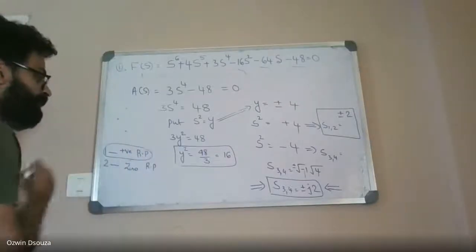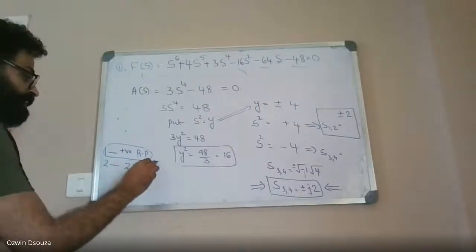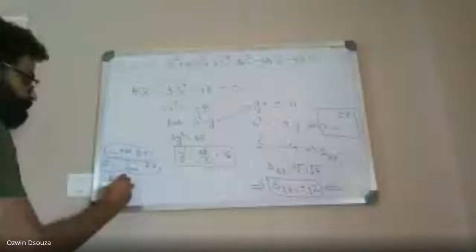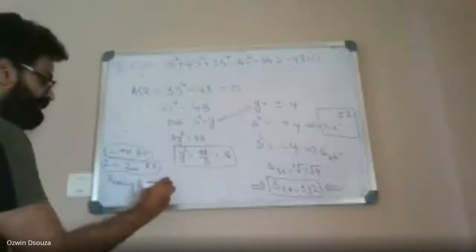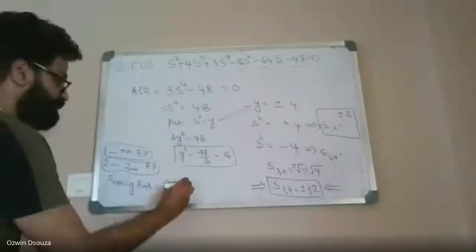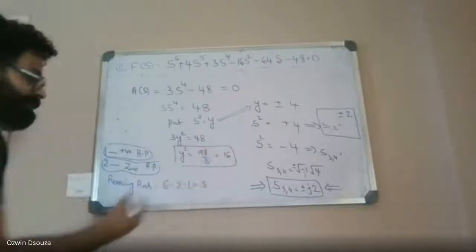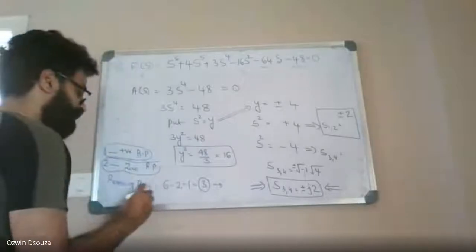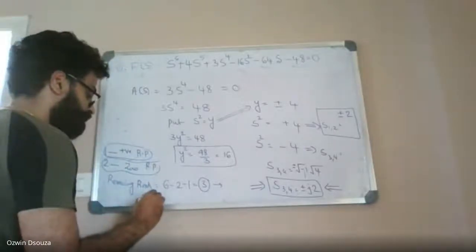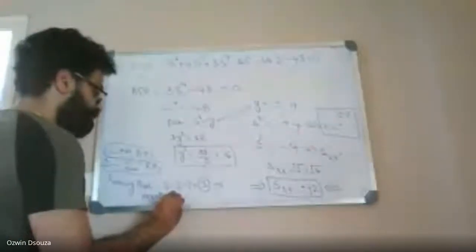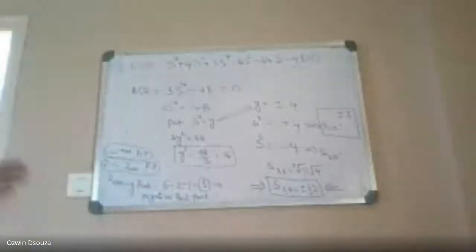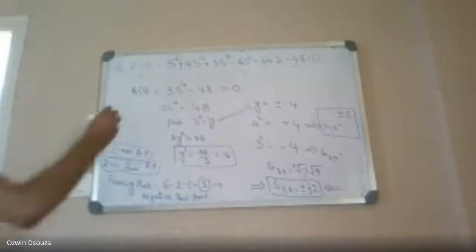One root had positive real part, and two roots had 0 real part. So the roots, that is 6 minus 2 minus 1, that is 3. So the three remaining roots will have negative real part.